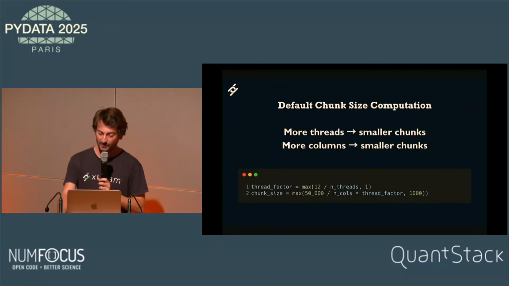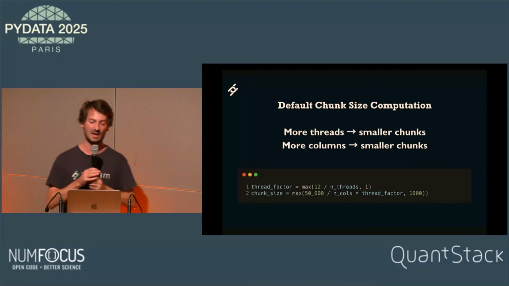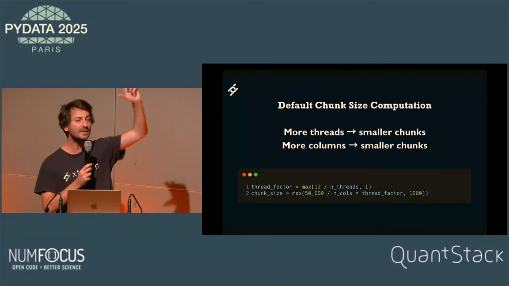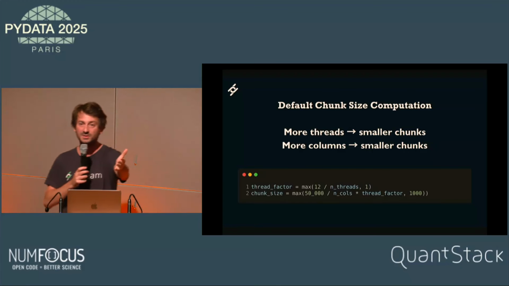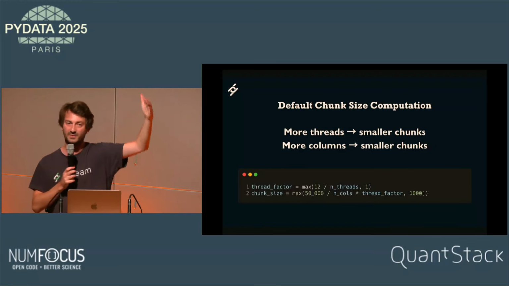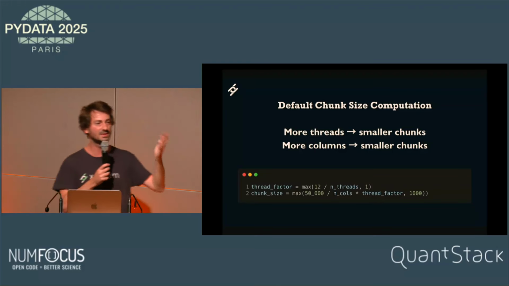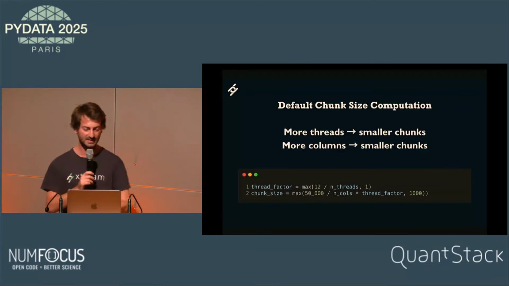There is a very important parameter about streaming mode, that is the chunk size. It means how many rows should I put in every chunk. Pandas allows you to set the chunk size if you really want, but by default, it gives you a reasonable value. And this value is computed with a heuristic.